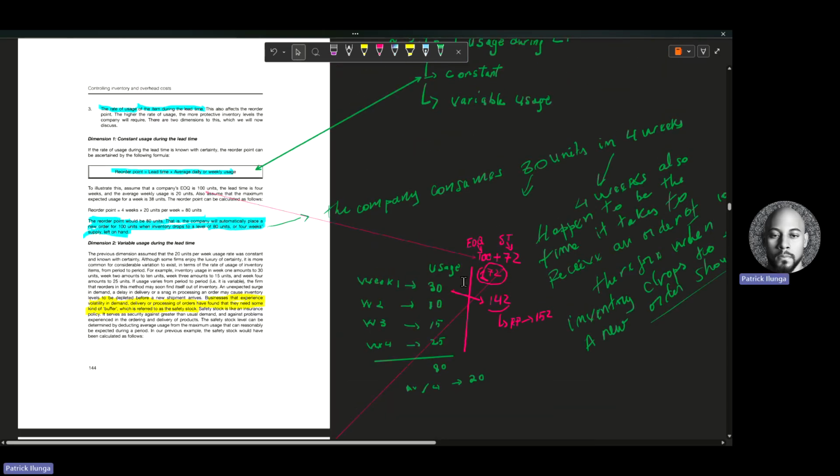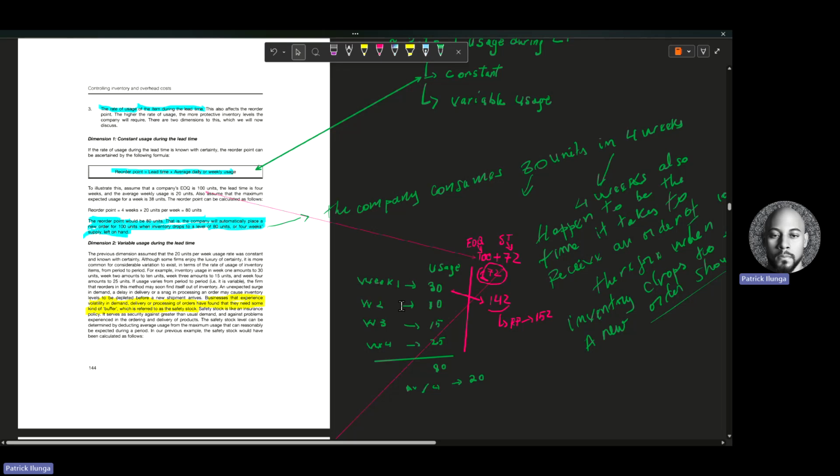You will see that before the first week ends, you already need to reorder, because at the end of week one you will be at 142, which is 10 units below the reorder point.